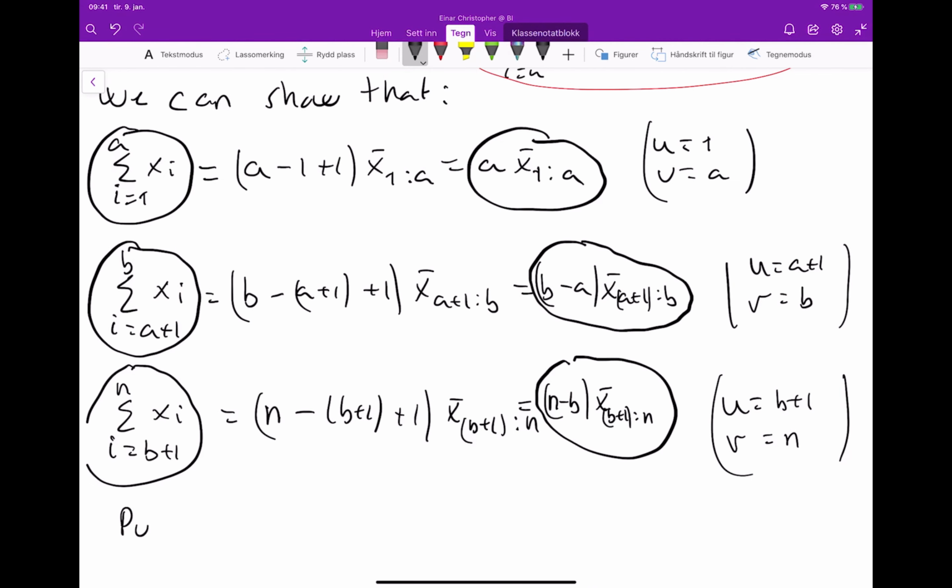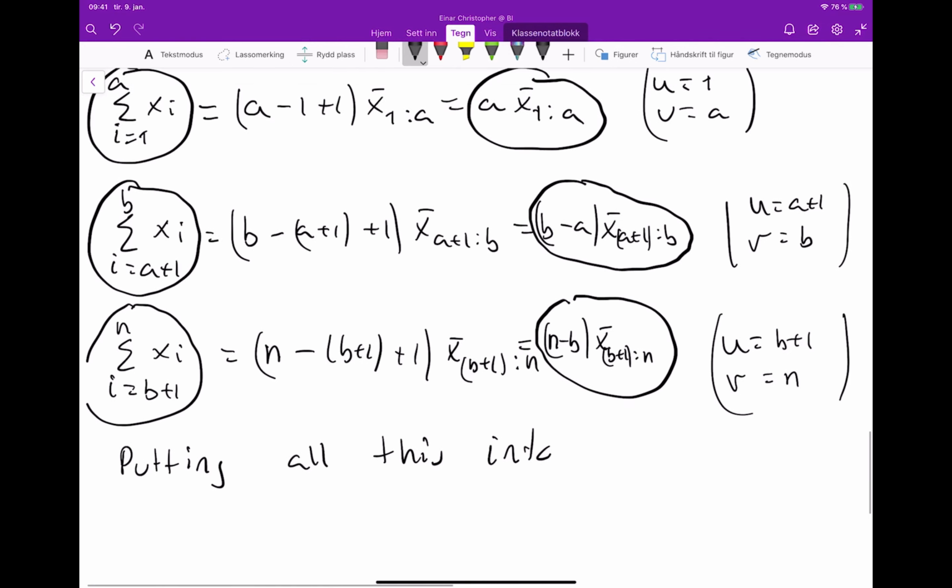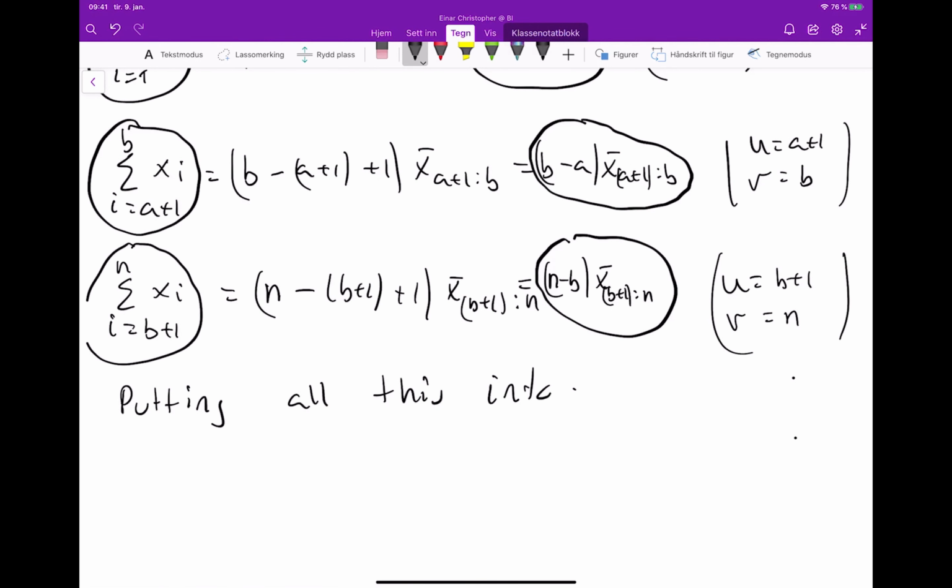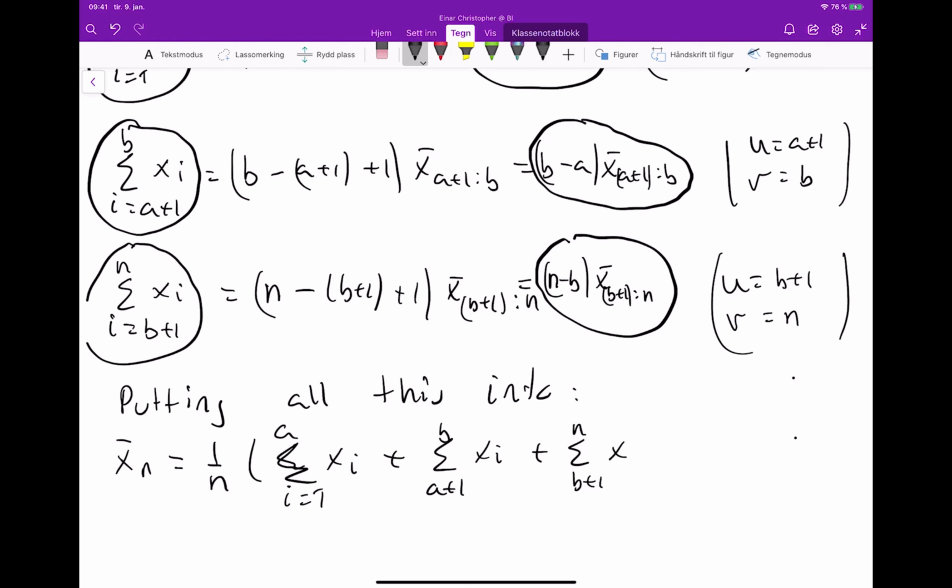Putting all this into x bar n equals 1 divided by n, sum i equals 1 to a of xi plus a plus 1 to b plus b plus 1 to n.